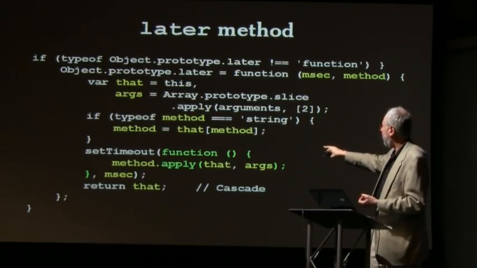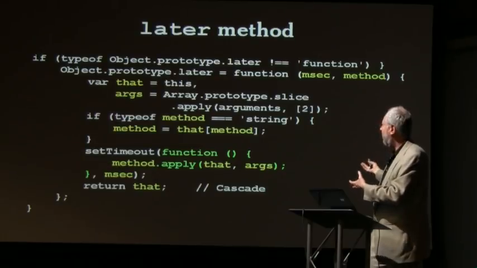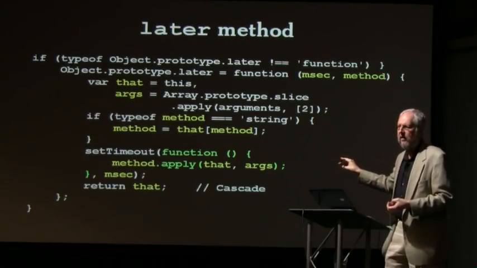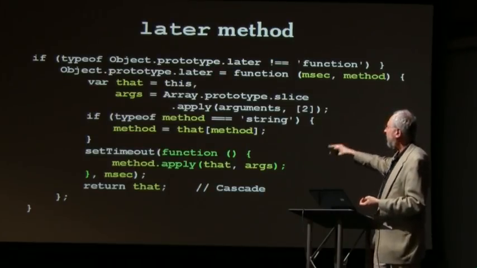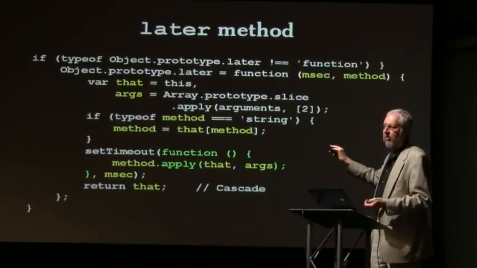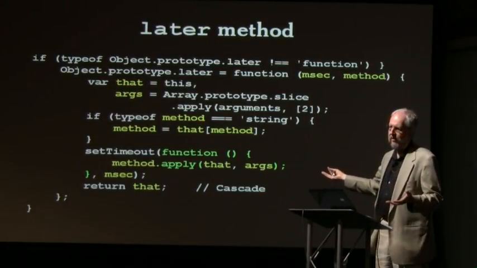That will call set timeout, and will cause that function's method to get invoked at that time. One other thing I'm doing here is when later is finished, which happens immediately, it returns the value of that, which is also this.